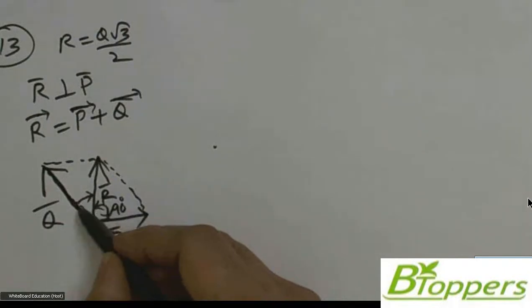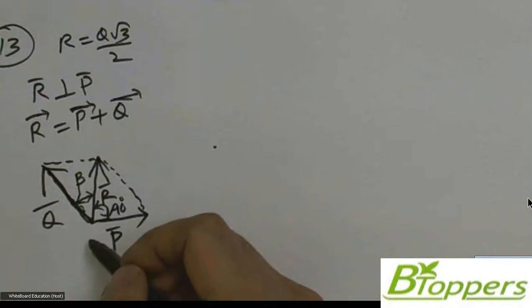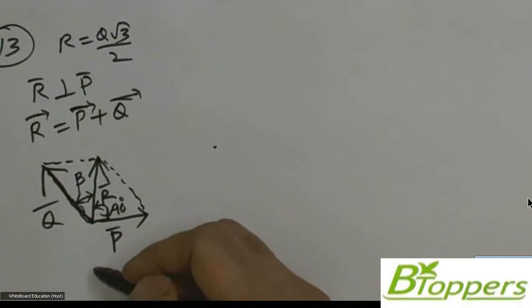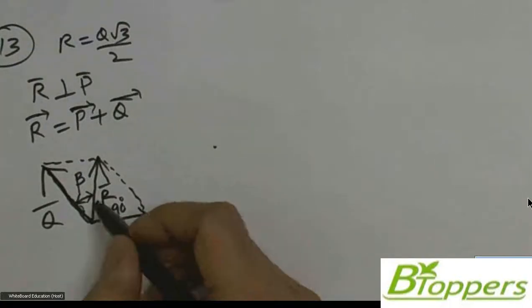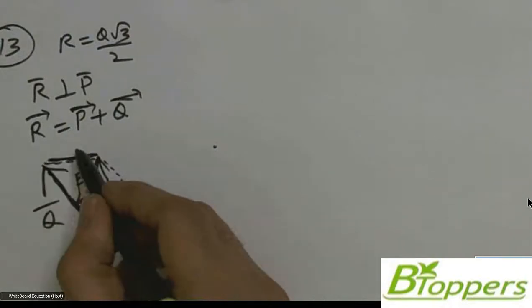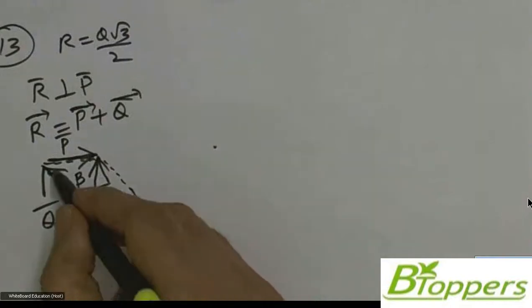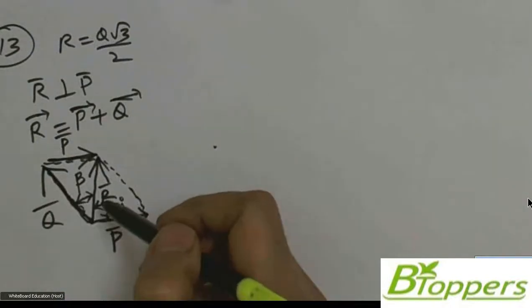Let us suppose beta is the angle made by the resultant with the second vector q bar. The parallelogram's opposite sides are parallel and equal, so this will be equal to p bar. So you are given r in terms of q.